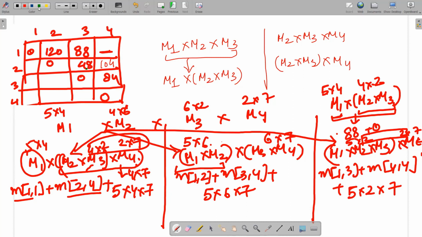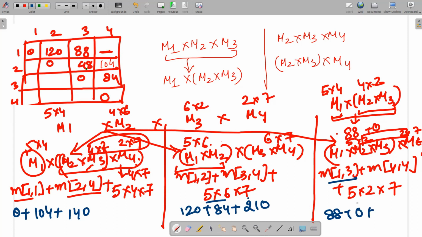So guys, let's just find out what the result is. The answer is 0. M24 is 104 plus 20, it's 140, right? So M12 is 120 plus M34 is 84 plus 30 multiplied by 7 is 210. This answer is M13. M13 is 88 plus 0 plus 10 multiplied by 7, 88 plus 70.